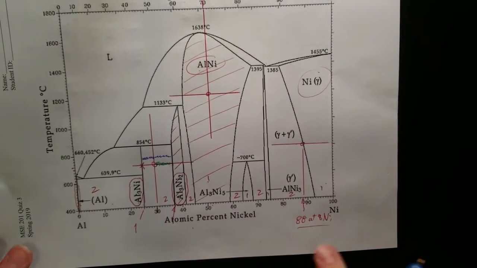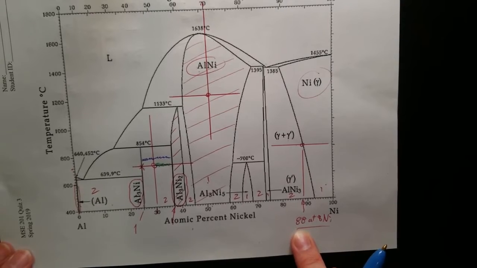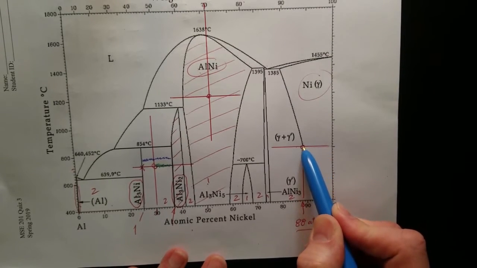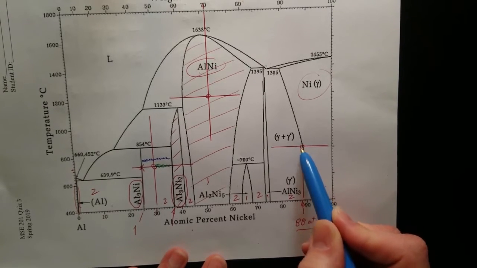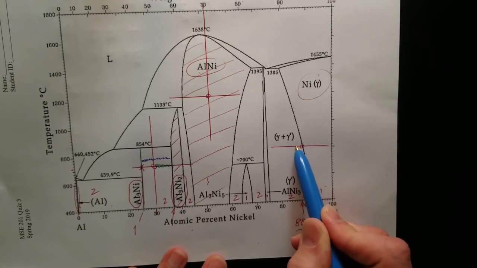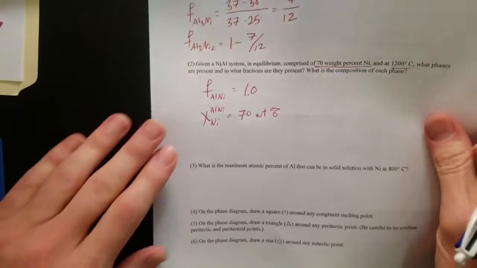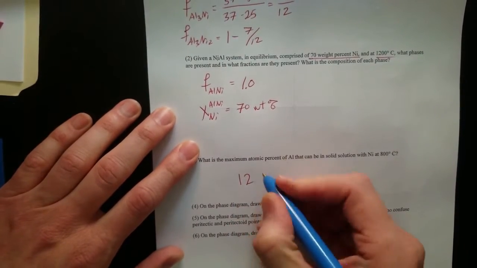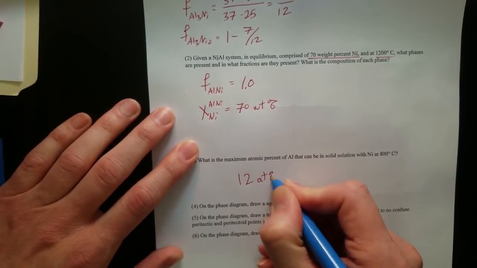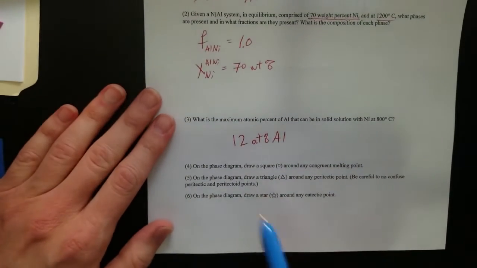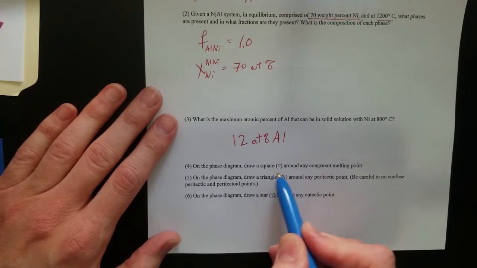And the question was about aluminum, and that means that we can have 12 atomic percent aluminum, and that's the limit. When we put in 13 atomic percent aluminum, we've shifted one to the left here, and we start precipitating out. So 12 atomic percent aluminum. Okay, next, on the phase diagram, draw a square around congruent melting points.